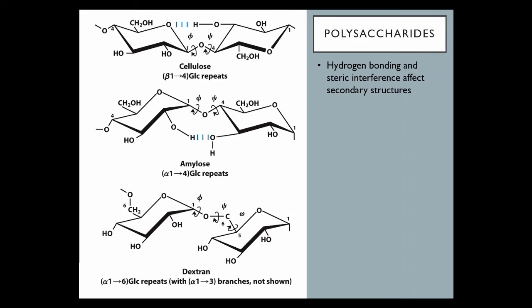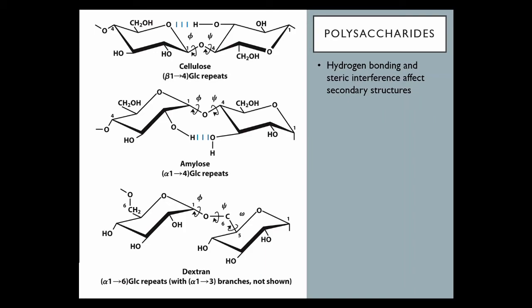Then you can have two rotational angles, and in peptides we call those phi and psi, and we use the same letters for talking about the rotational angles of the glycosidic bonds. And that's what determines most of the secondary structure, what angles they end up as.